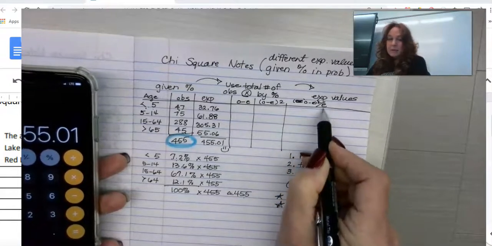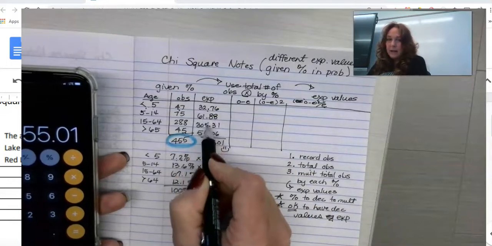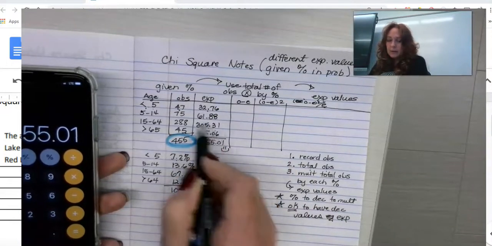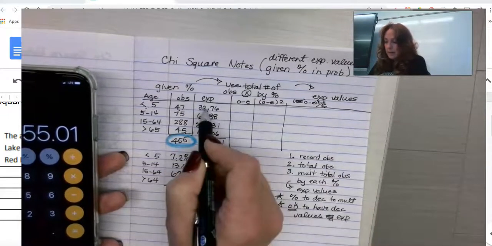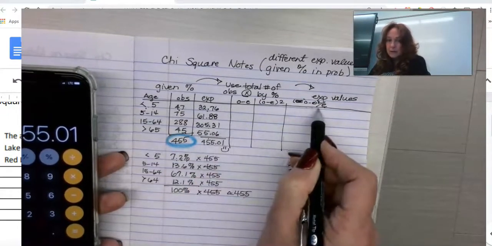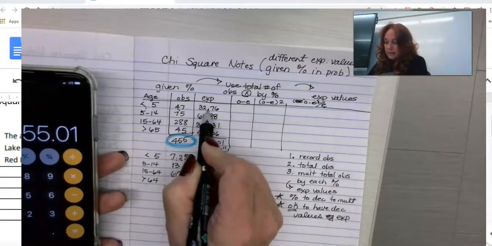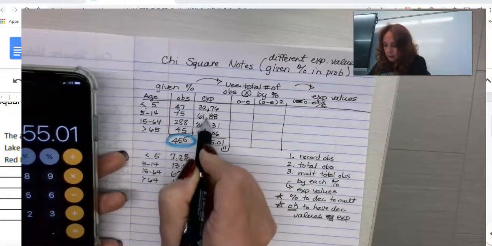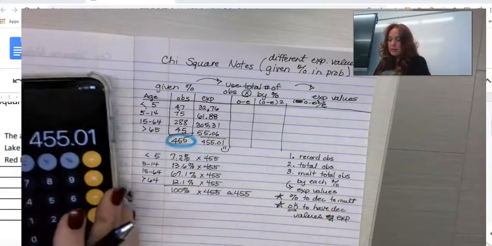Now this is going to be where you realize that things are different, because you're going to be dividing by a different number instead of where all the expected values were the same before. Now they're different, and you're going to have these differences squared divided by this number, and then it'll change, it'll change, it'll change. Okay, so I've set this up for you. Let's go to the second one.